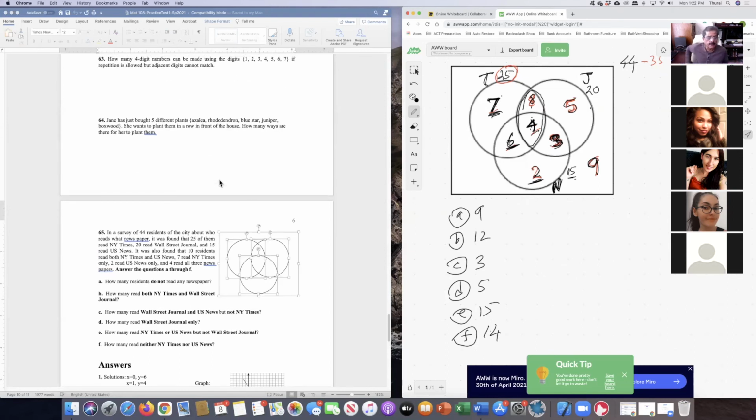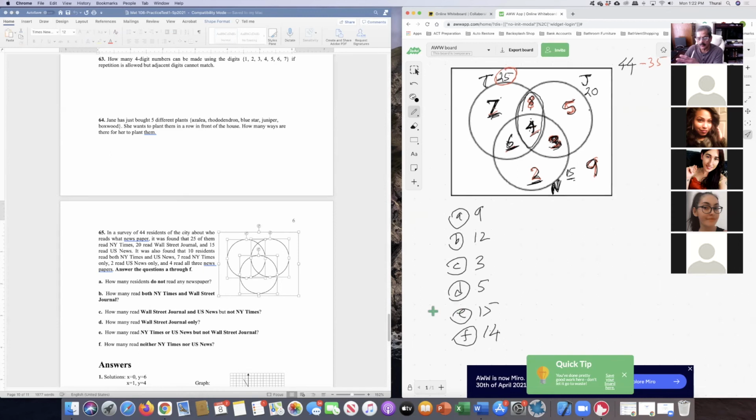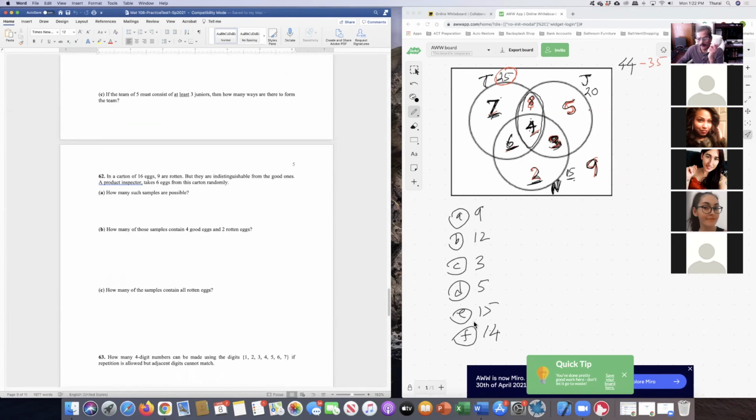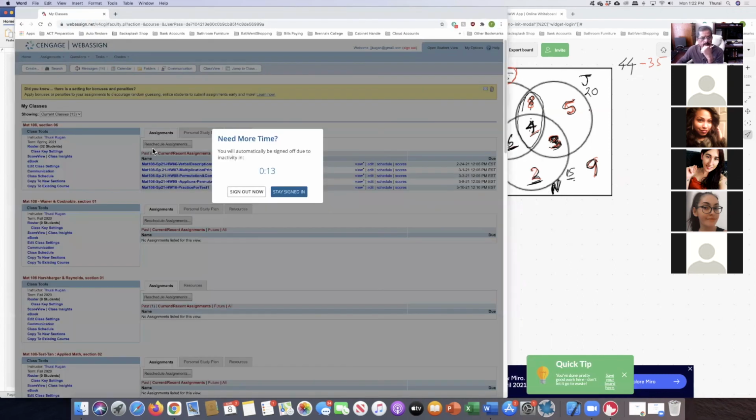Now, any question from anywhere, or even the WebAssign? On a WebAssign question, I can only explain to you without actually doing the problem because it's for credit. So I cannot work it out for you.